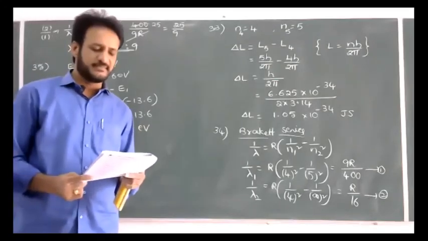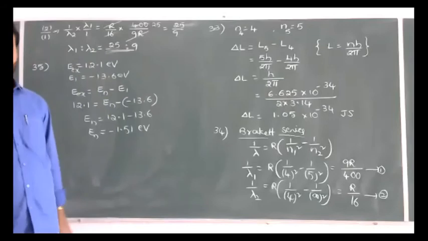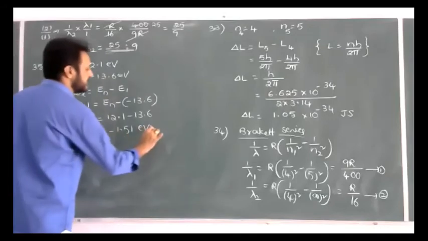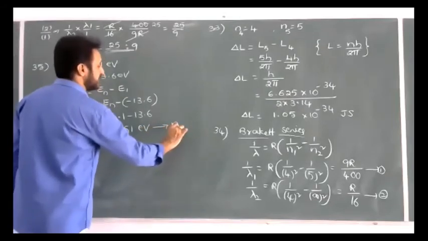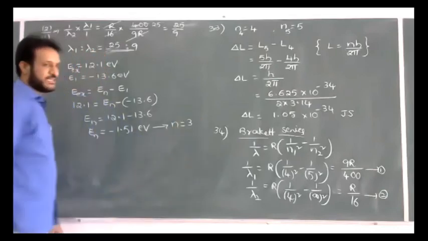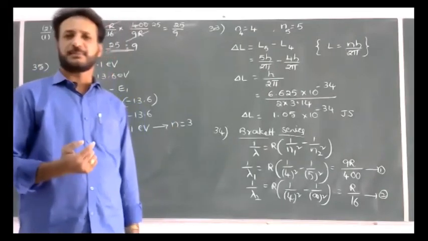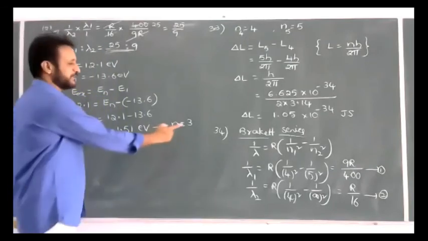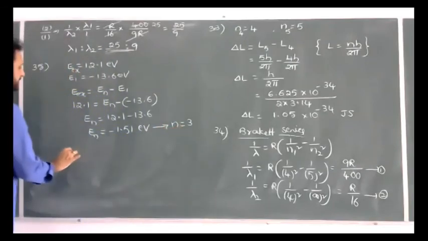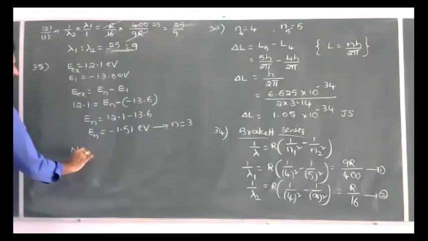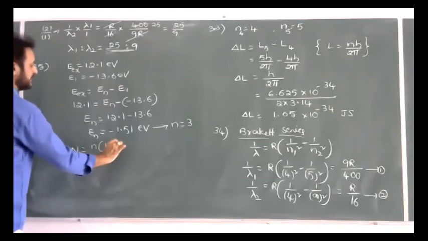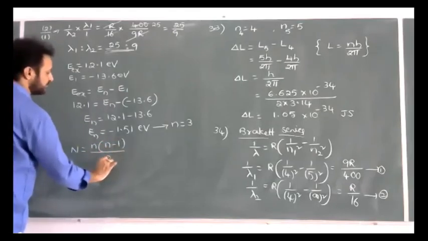But what they asked is the number of spectral lines emitted. So this energy corresponds to n equal to the third orbit. Already we know first orbit is minus 13.6, second orbit minus 3.4, and third orbit minus 1.51. The number of spectral lines N is equal to n into n minus 1 by 2.